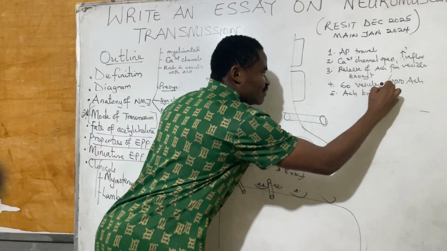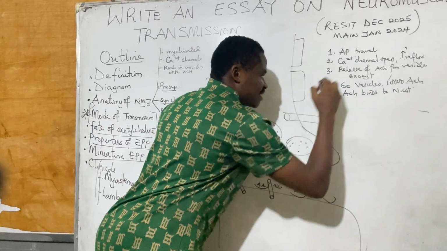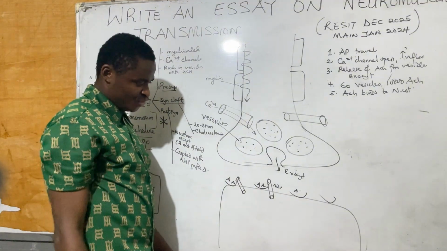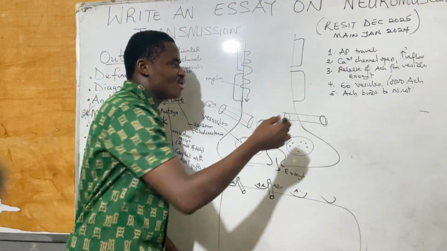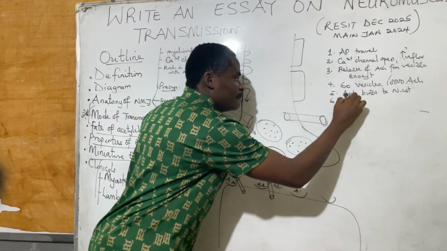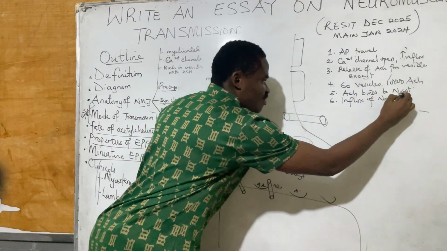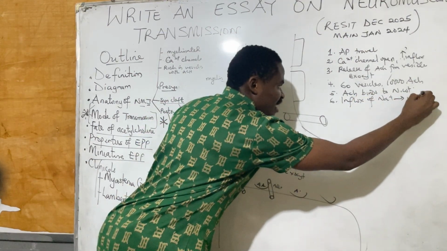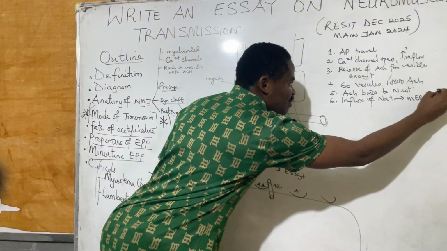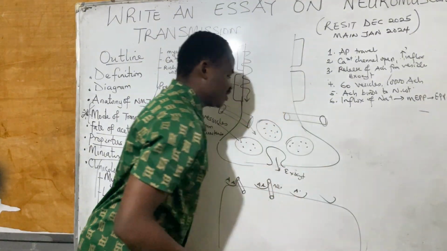Acetylcholine binds to the nicotinic receptor. That's the fifth point. What's the sixth point you will make? This is going to cause influx of sodium. And influx of sodium will cause the generation of miniature end plate potential and eventually end plate potential.